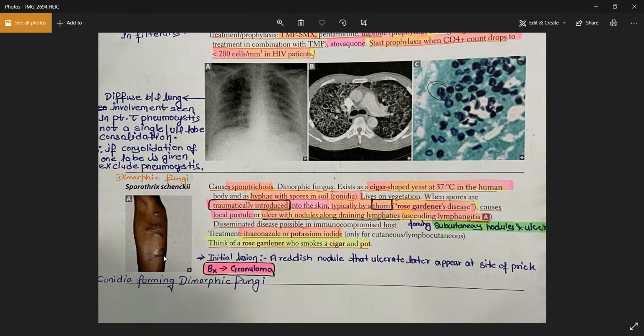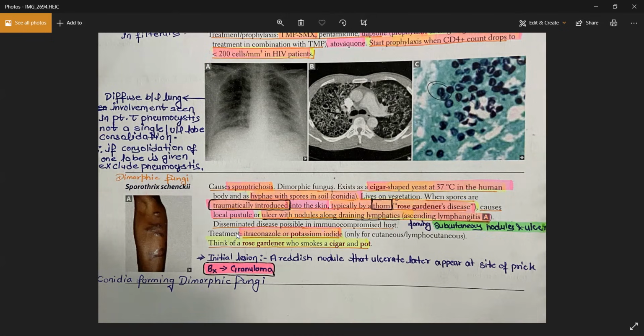You need to know that the fungus actually goes to the lymphatics, and that's why it causes ascending lymphangitis. You will get subcutaneous nodules and ulcers along the lymphatic drainage pathways.